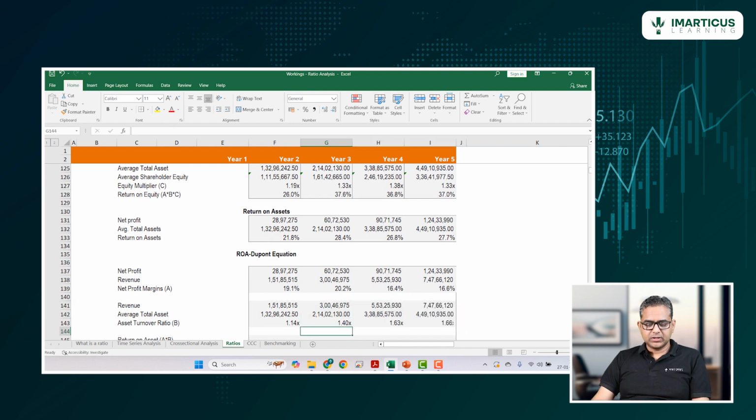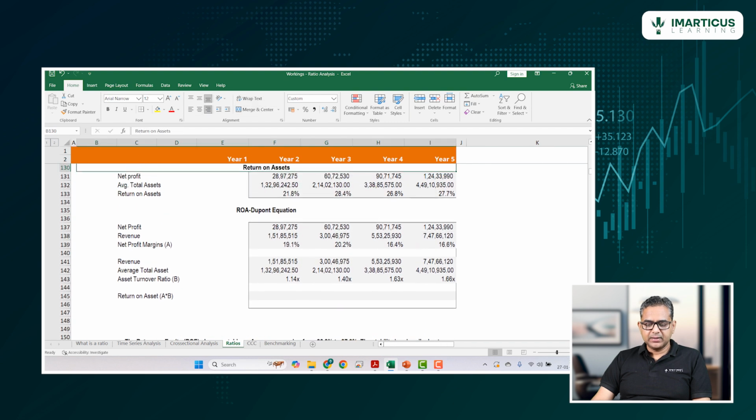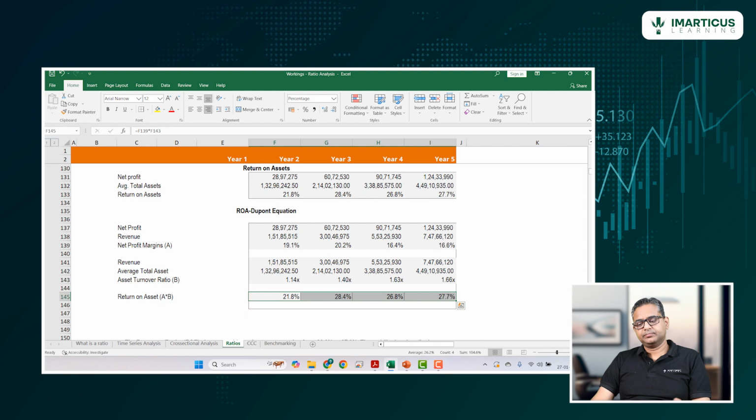So this gives us asset turnover ratio, and if we multiply these two, net profit margin and asset turnover ratio, we'll get our return on assets. Okay. So through this Dupont analysis, we can figure out what is making ROA go up.